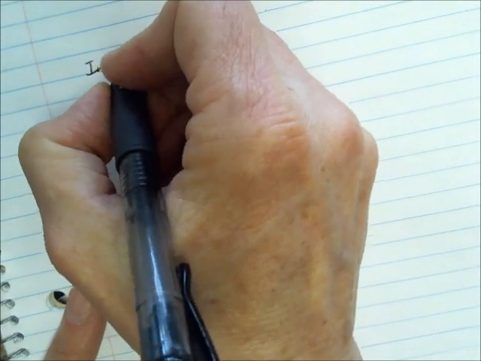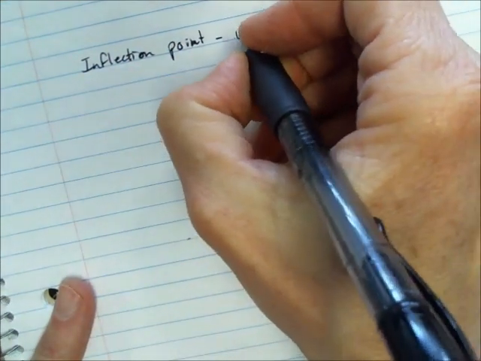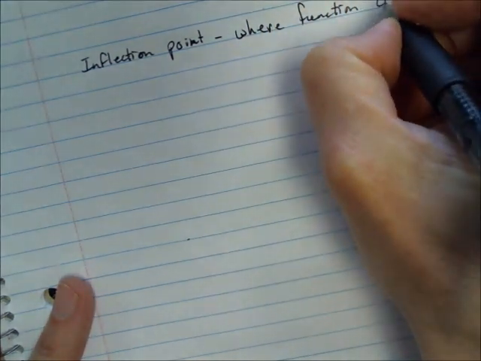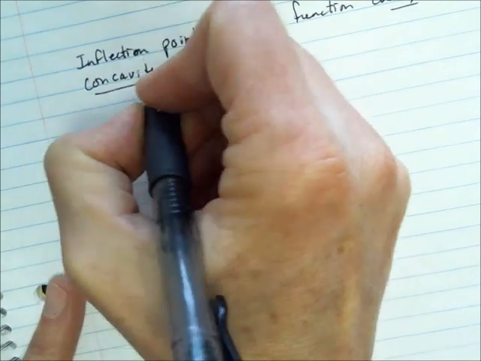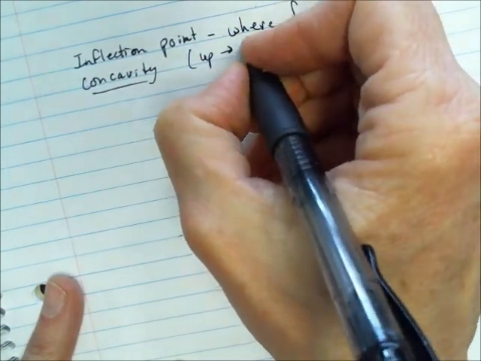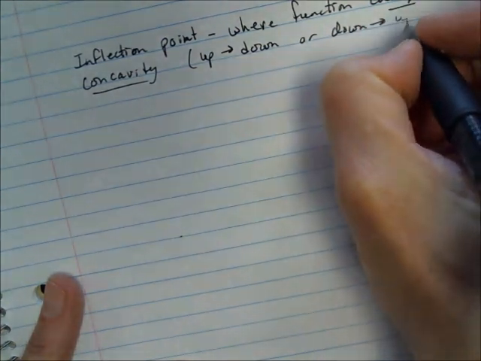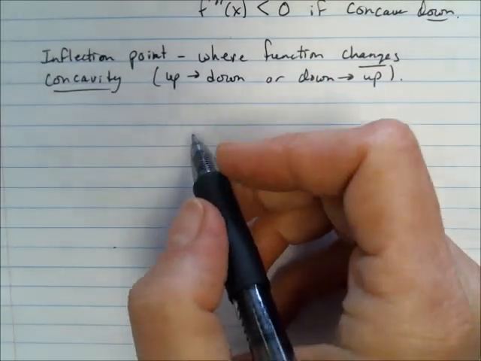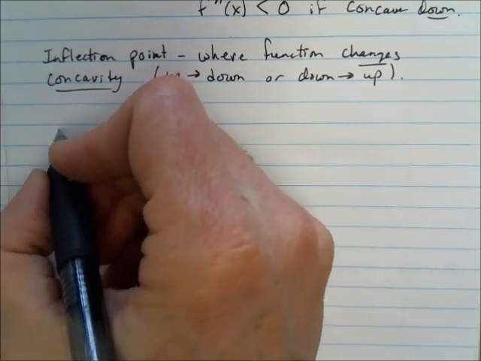And I'll just write it over here. An inflection point is where the graph, or where the function, changes concavity, which means it goes from up to down, or from down to up. So an inflection point always happens when the second derivative is equal to 0.